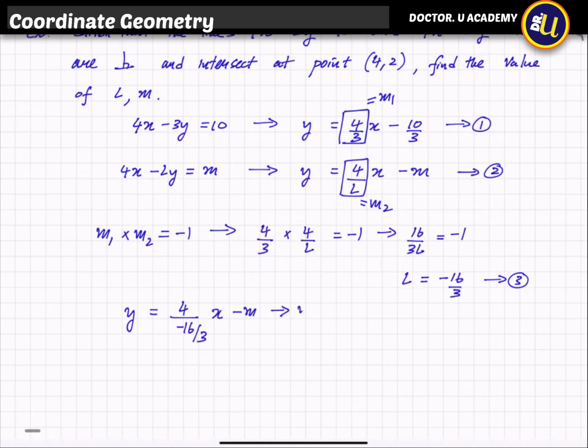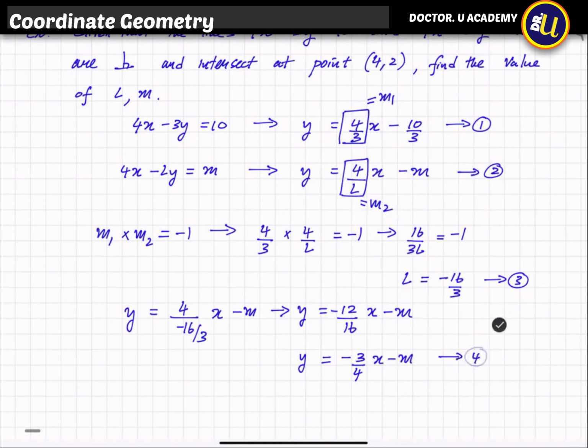If you simplify, you get y is equal to 12 divided by minus 16 x minus m, and you can simplify this by 4. So it's going to be y is equal to -3 divided by 4 x minus m. So this is my fourth equation.